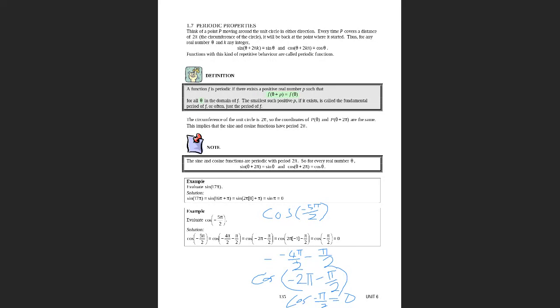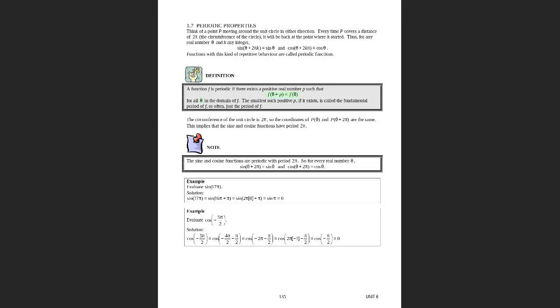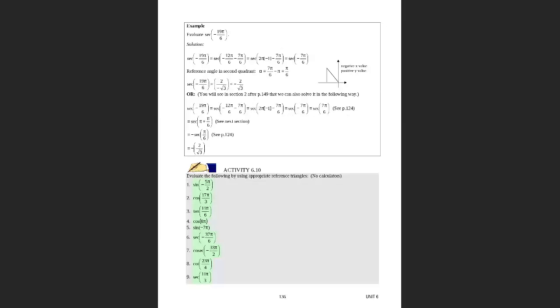Good. So let's look at another example. Now we have sec of minus 19 pi over 6. We should be able to rewrite this in the form of a special angle and a multiple of 2 pi.